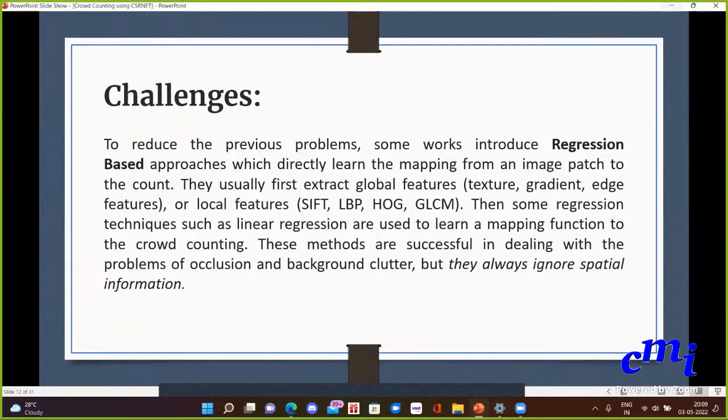Then some regression techniques such as linear regression are used to learn a mapping function to the crowd counting. These methods are successful in terms of accuracy, and also they are successful in the problems of occlusion and background clutter, but they always ignore the spatial information of an image. And as we know, in case of image, the spatial information is very necessary, and these methods try to ignore that.